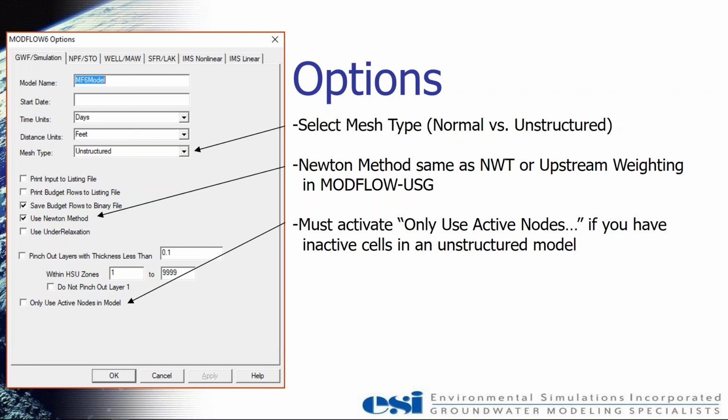If you're comparing your simulation to MODFLOW 2000 or 2005, then you should probably turn that off because it is a different formulation. And then at the bottom is the option I mentioned before that, because MODFLOW USG does not recognize inactive cells in an unstructured grid, you need to turn on that last option that says only use active nodes when you're dealing with an unstructured grid in Groundwater Vistas.